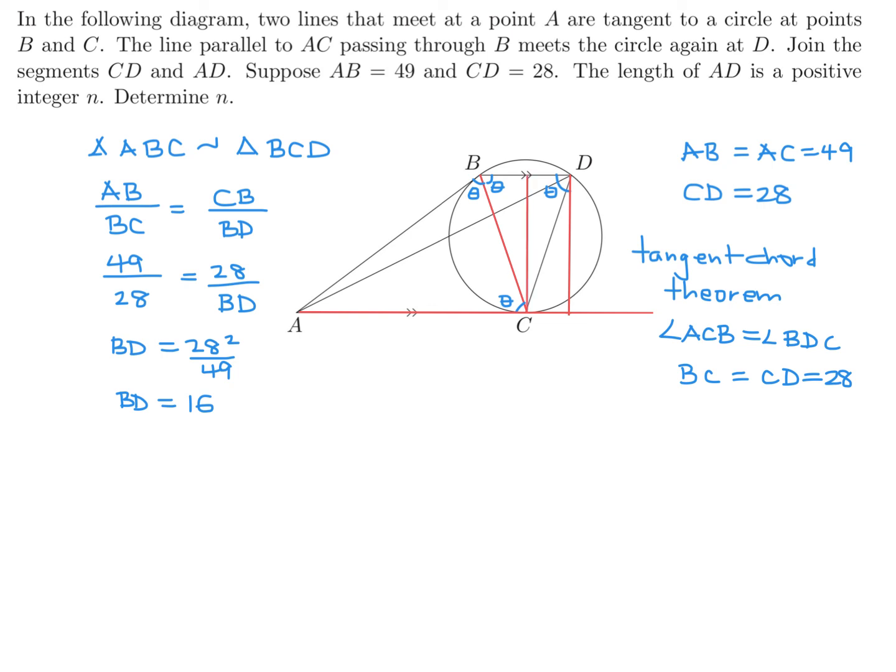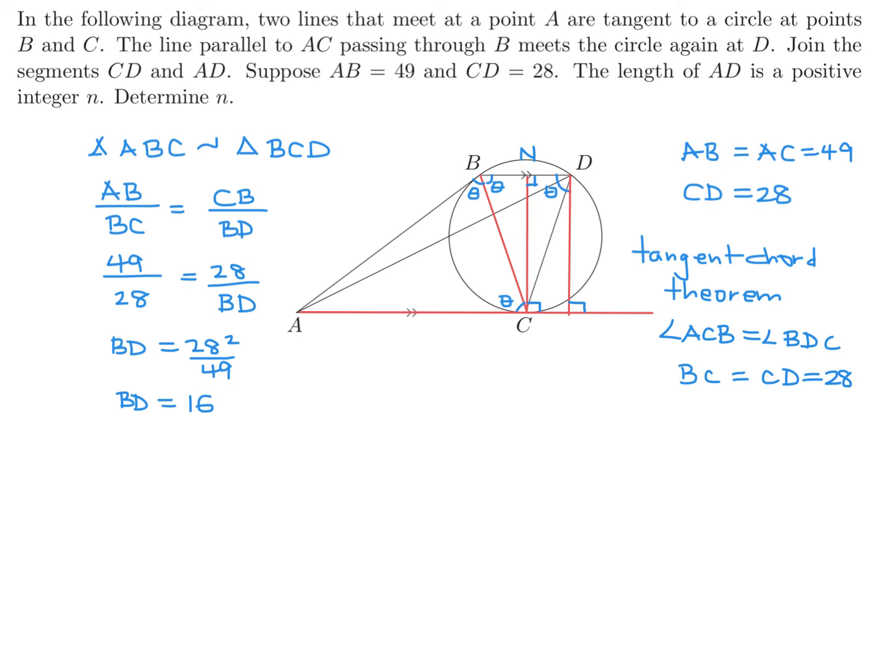Okay, so now let's talk about this. Since this is an isosceles triangle, when I draw a perpendicular line like that, it will cut the BD in half. That's just a rule. So this point right here is the midpoint of BD, and I'll just label it N, this point right there. And then this line was parallel to that line, right? And these two lines that I drew in, this one and this one, are perpendicular. So therefore, they're right angles right there. So that means this little guy here is a rectangle.